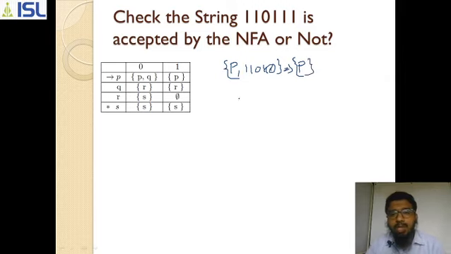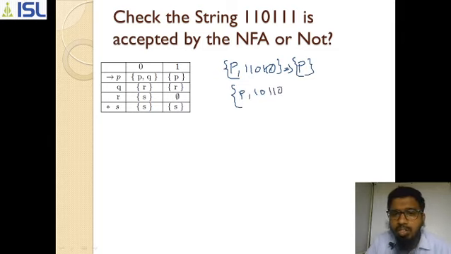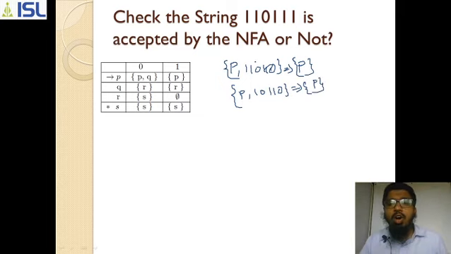Now this p is coming here. So in the same way, p comma 10110. We are getting p, or directly you can do p comma 1, then we are getting p, so the next also will be p.